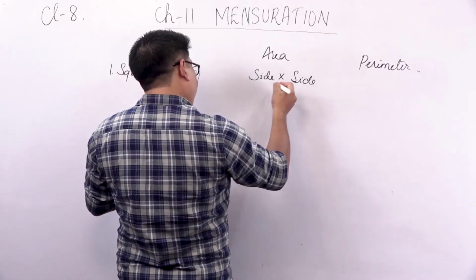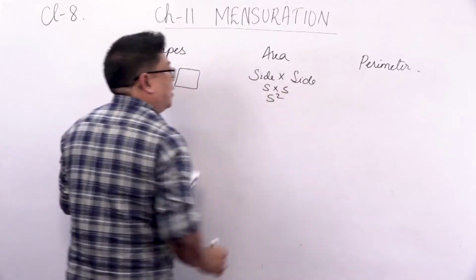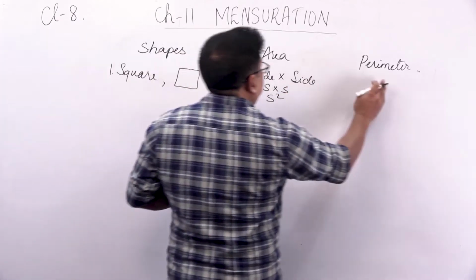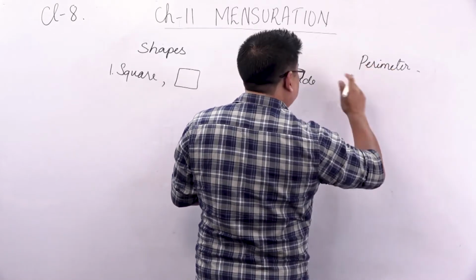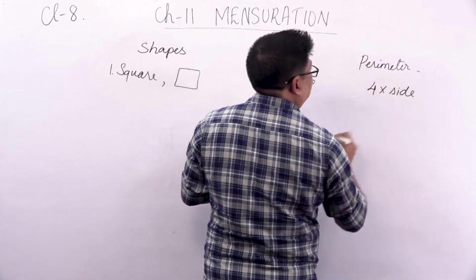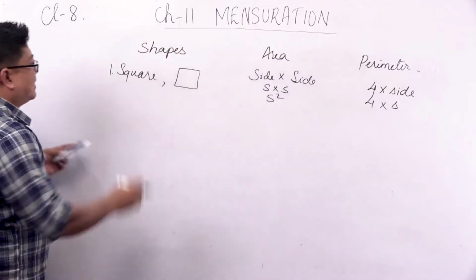Or we can also write S into S or S square. Either of them, okay? And the formula for perimeter of square is 4 into side or 4 into S, okay?